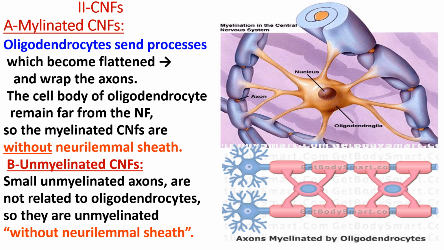Therefore, they have no neurilemmal sheath. The cell body of oligodendrocytes remains far from the nerve fiber. So the myelinated central nerve fibers are without neurilemmal sheath.